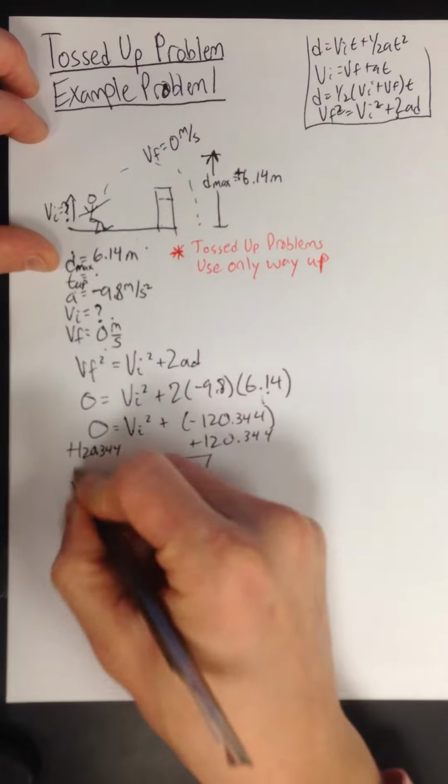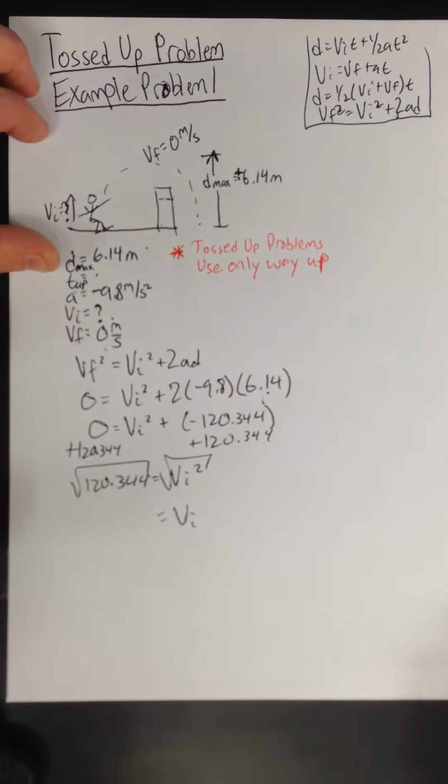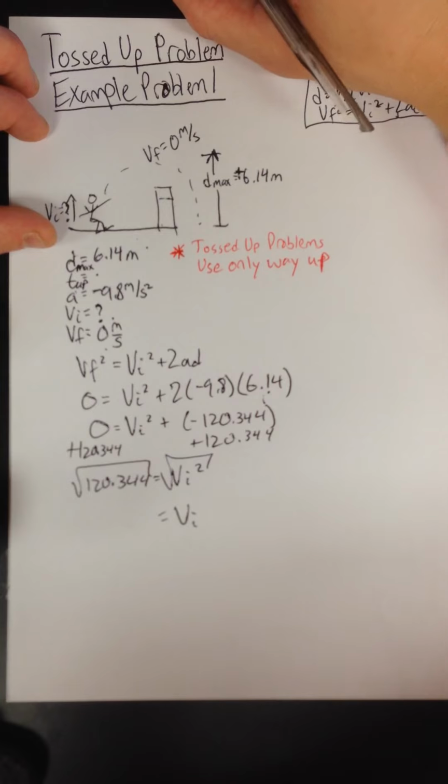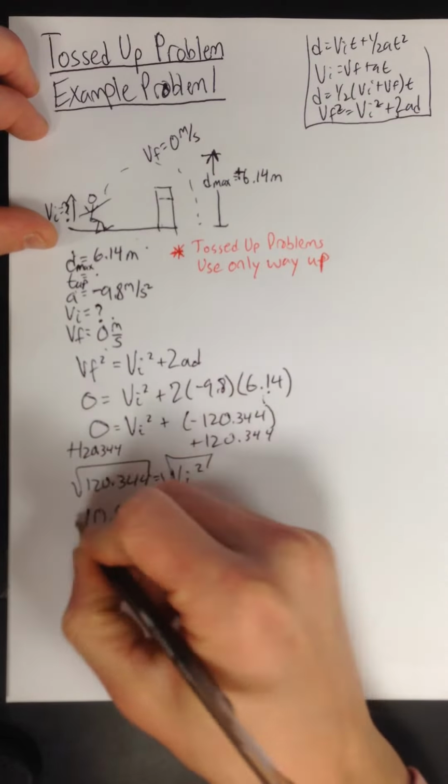You can square root each side as your last step to get his initial velocity. So do that on your calculator, the square root of 120.344. Get about 10.97 meters per second.